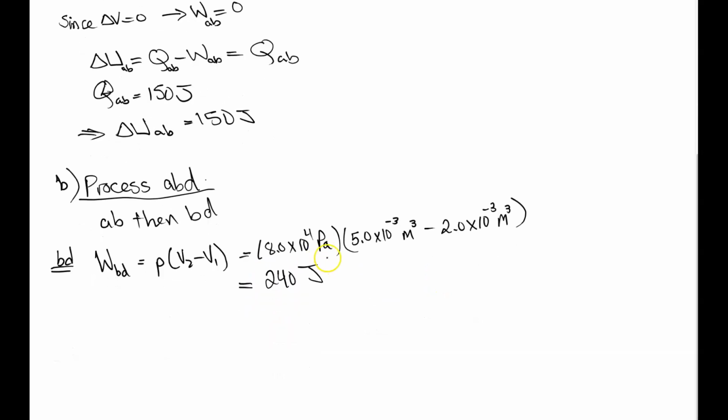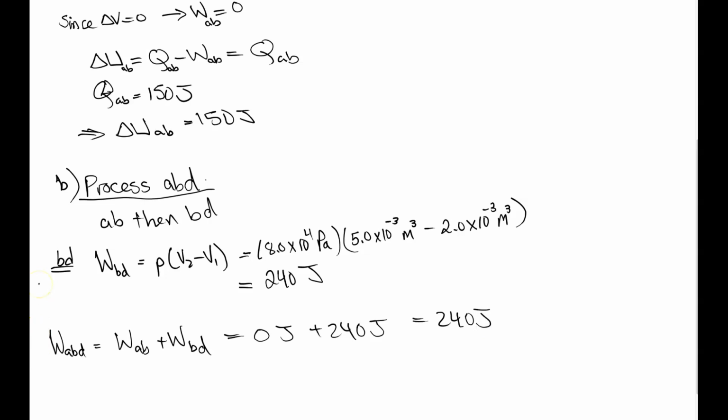So the total work for ABD is going to be the work for AB plus the work for BD, which is 0 joules plus 240 joules, or 240 joules. And we are told that QBD is 600 joules.